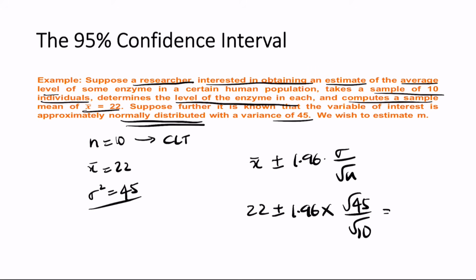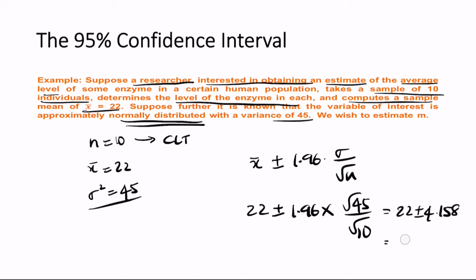So when you calculate the value, you have the square root of 4.5, and then times 1.96. So you get 22 plus or minus 4.158.